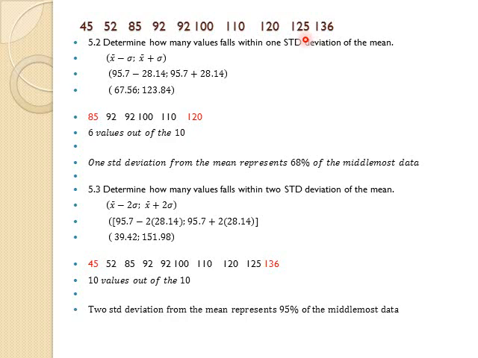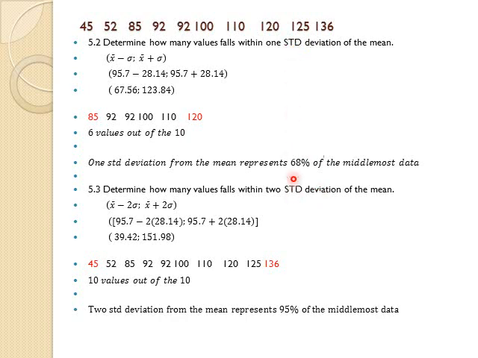If not, then it's not a fair test, and therefore we have to manipulate and change data. Now we can also change the question: determine how many values fall within 2 standard deviations of the mean. One of the 2 will always be tested in the exam paper.